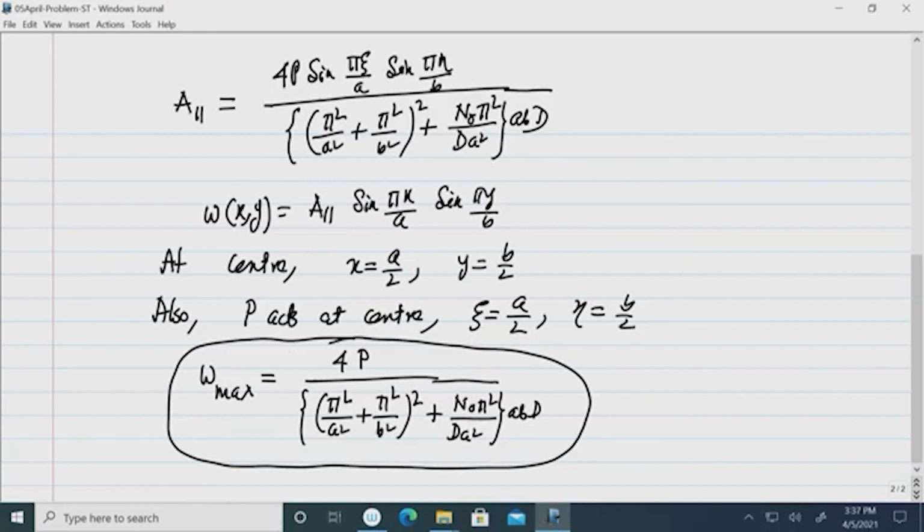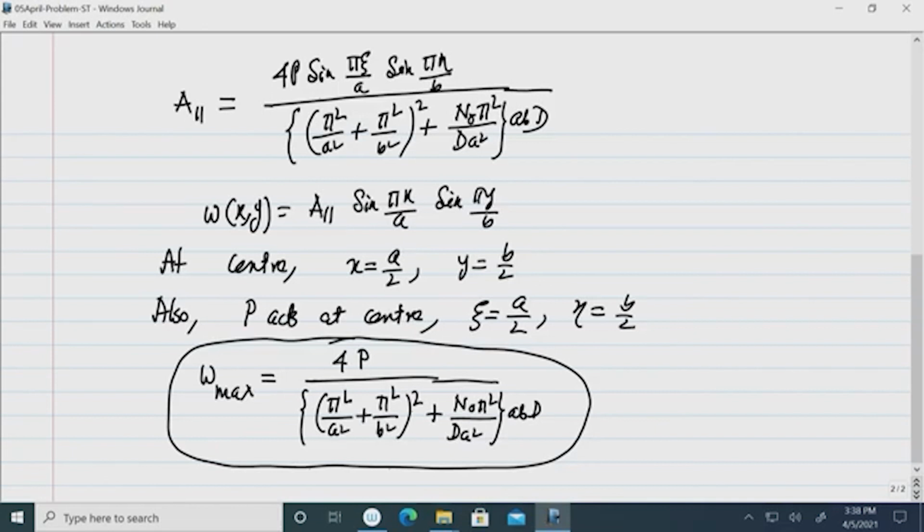Now, you can see in presence of axial tension the maximum deflection decreases. Now, once you get this maximum deflection, then the deflection expression, then you can proceed to find the bending moment and shear force also. Okay.